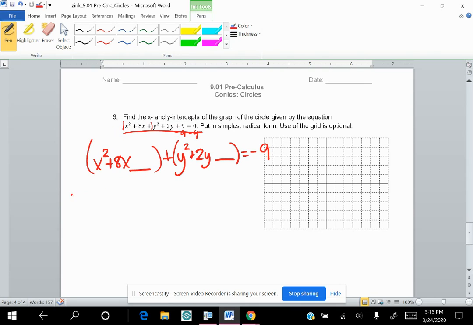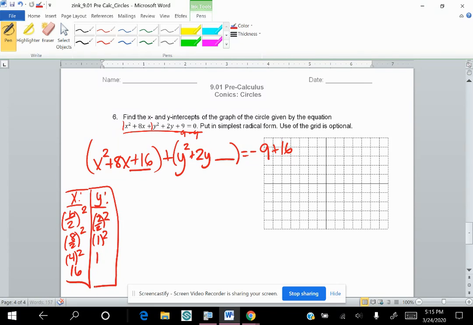Now I'm going to do my x term for completing the square. So b over 2 quantity squared, 8 over 2 squared, 4 squared, which gives me 16. Add that to both sides. Do the same for my y's. So I've got 2 over 2 quantity squared, which is 1 squared, which is 1.